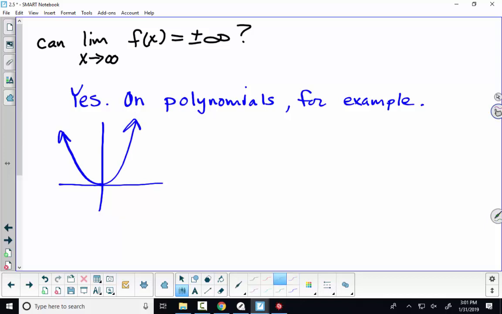So as we go further and further out in this direction, the y values get larger and larger in this direction. Similarly, in the negative direction, as we go further and further out, the y values also grow towards positive. But then we maybe remember other instances of polynomials where it just kind of depends on what function we're dealing with.